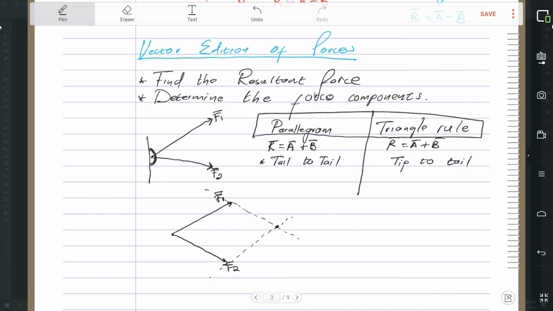So the resultant force will start from the tails to the point where they intersect. So that's how you do your parallelogram rule. So your resultant force, let's call it FR. FR will be F1 plus F2.